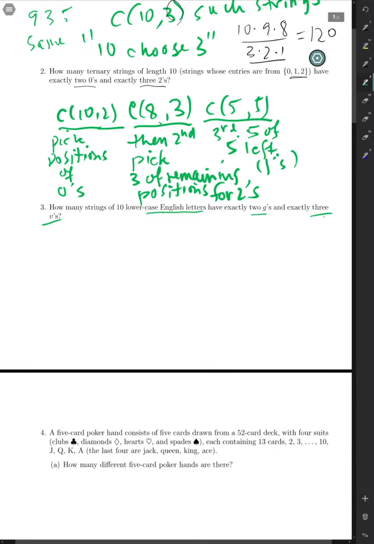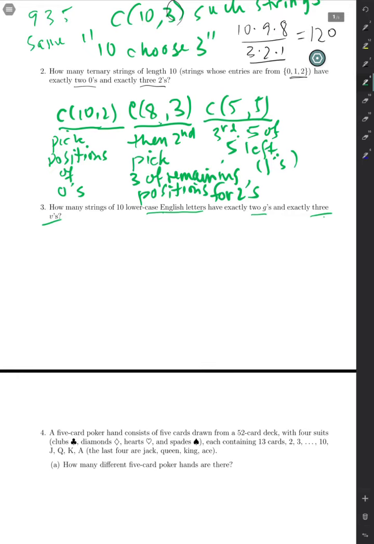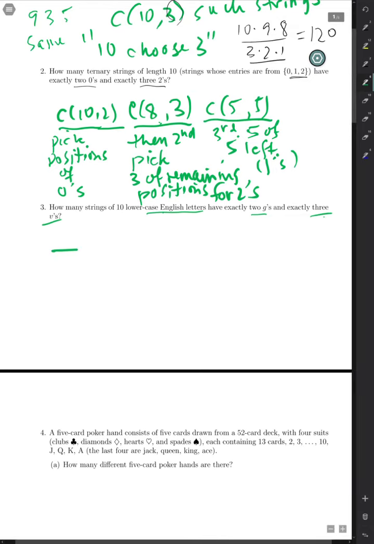They have exactly 2 G's, so it's the spots we can pick to put those G's in. It's not at least 2 G's, or at most, it is exactly 2. So the first thing we'll do is pick the spots for the G's, and there are still 10 spots: 10 choose 2 spots for G's.